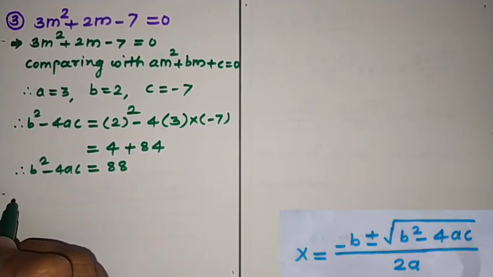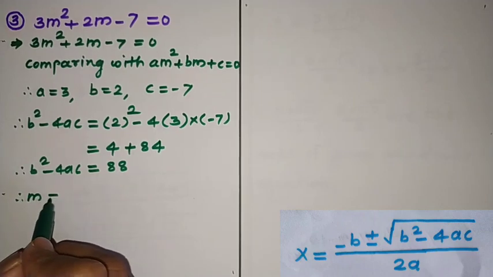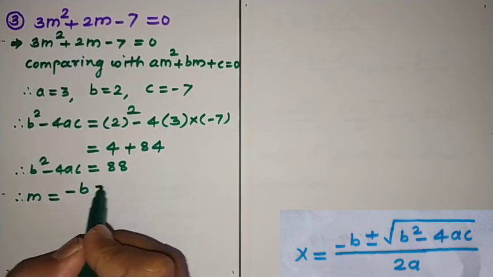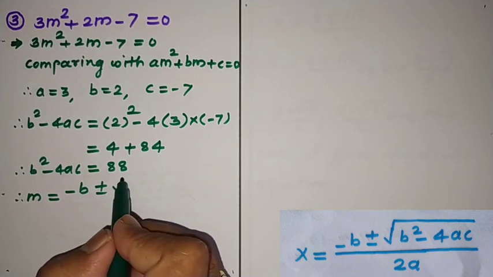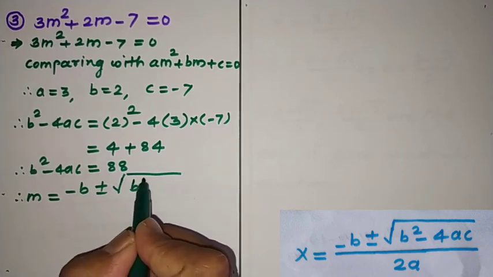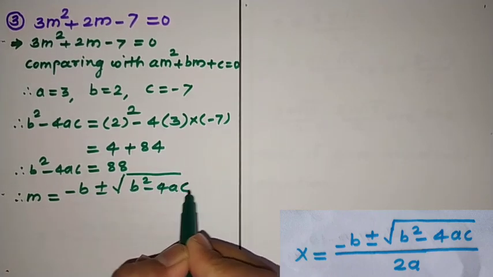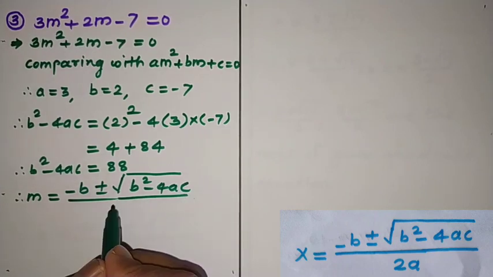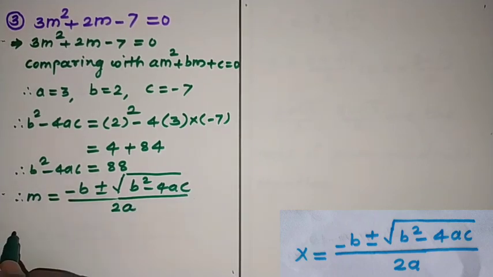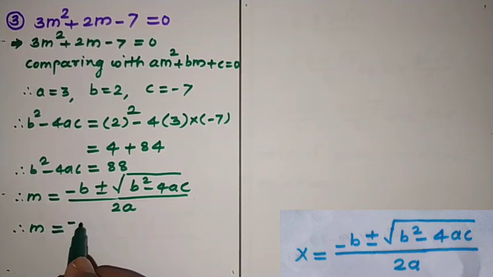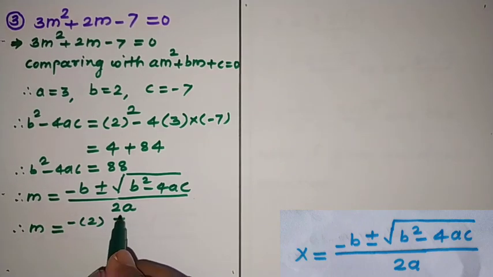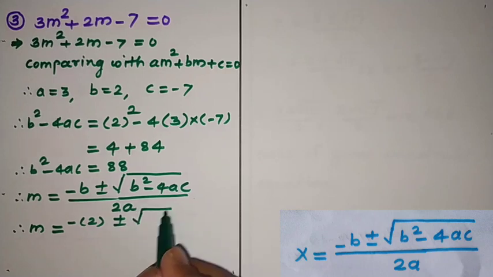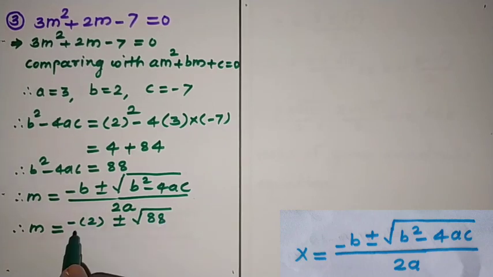Write down the formula. m is equal to minus b plus minus square root of b square minus 4ac upon 2a. Put the values in this formula: minus 2 plus minus square root 88 upon 2 into 3.